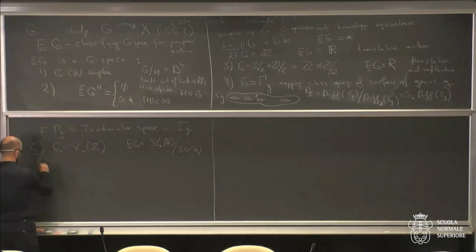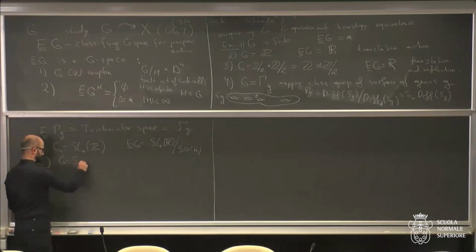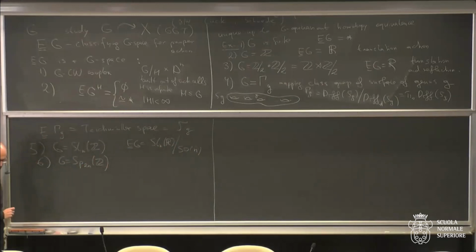Well, I'll tell you also a sixth example. I'm not sure how many of you have seen this, with its technicalities, but it is a very famous example of such an E-under-bar G. People who are interested in moduli of abelian varieties have seen this example.